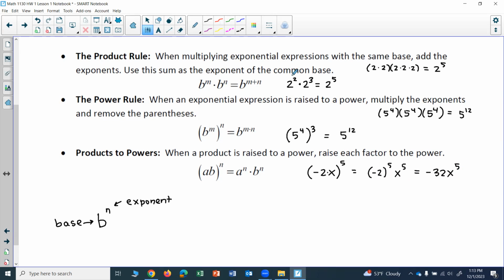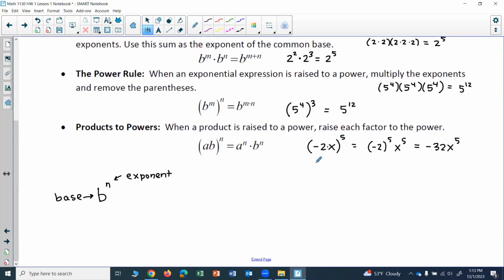Now we can use these rules together. For example, if I had something like 3 times x squared raised to the 4th power, I could start by using this products to powers rule, and that would be written as 3 to the 4th times x squared to the 4th.